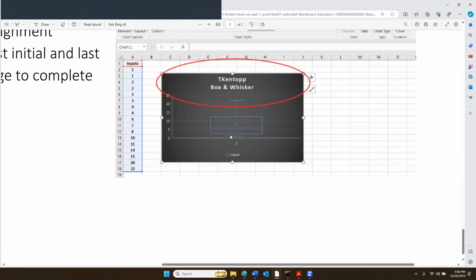When you're looking at this graph, here's the bottom value, the lowest value, here's the highest value, and the box is where most of the values are. Now, when you look at this whisker plot, are most of the values closer to the max value or closer to the min value?